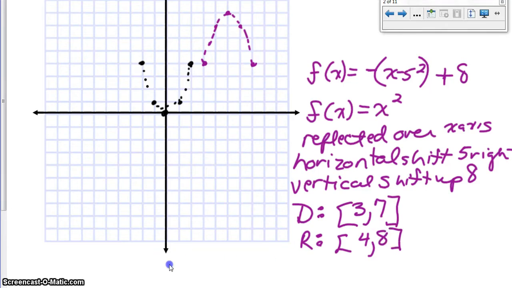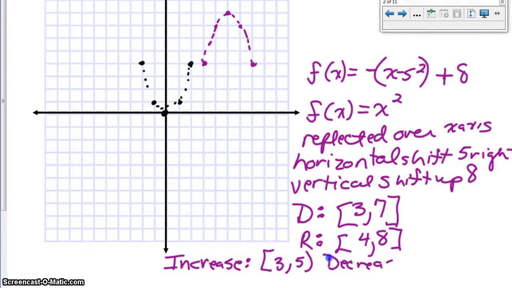Okay. I have an interval of increase, and mine is increasing from 3 to 5, but then it decreases from 5 to 7. My end behaviors: as x approaches negative infinity, so does y.